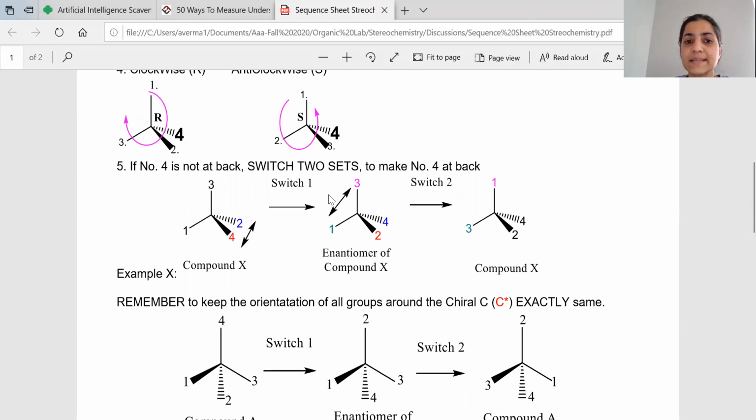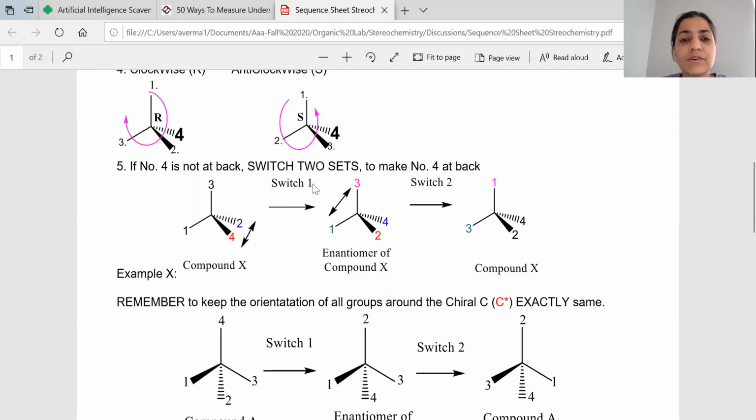For example, in this case, when I made my first switch, I switched number 4 and number 2. But I kept my number 1 and number 3 where they were. As my second switch, I switched the positions of number 3 and number 1.